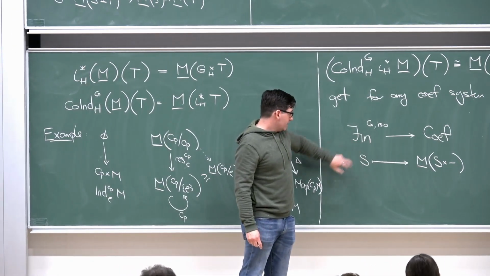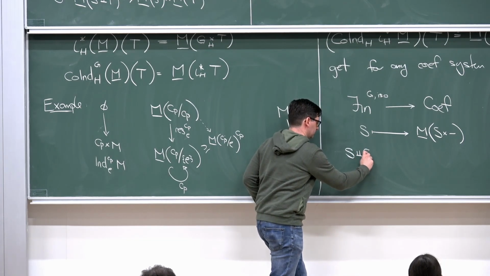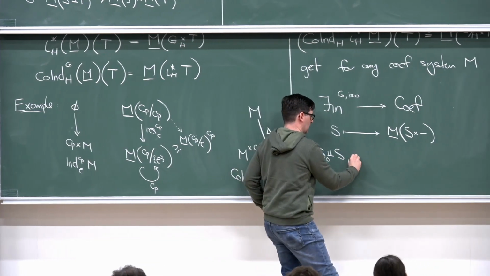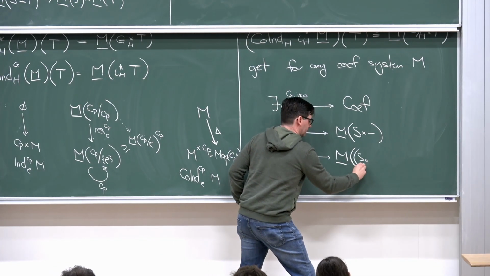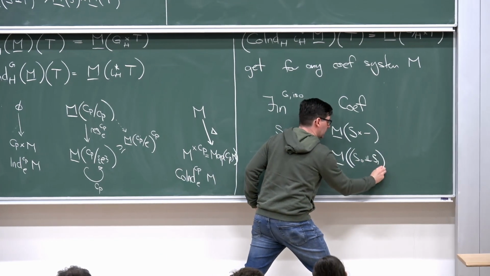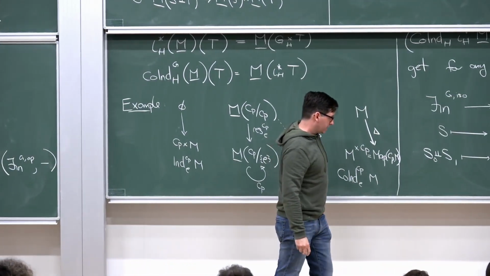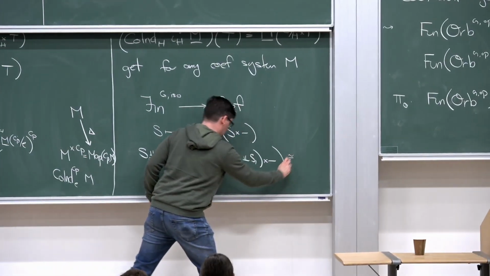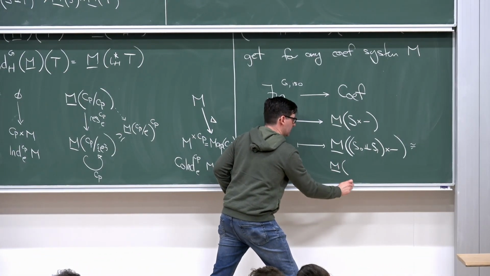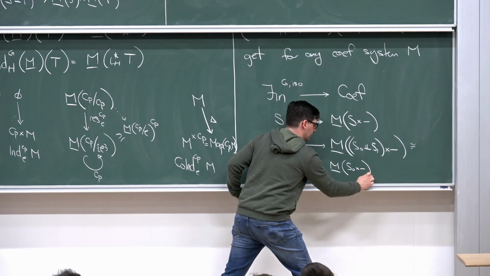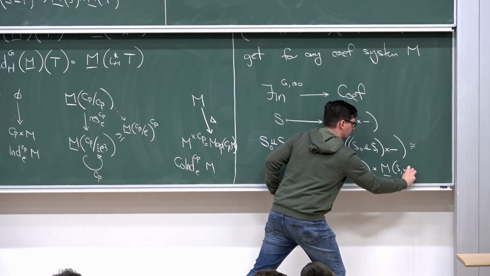First of all, notice that this took the disjoint union, S0 disjoint union S1, to M of S0 disjoint union S1 cross something. Well, the Cartesian product distributes over disjoint union. So this is actually naturally M of S0 cross that something crossed with M of S1 cross that something.